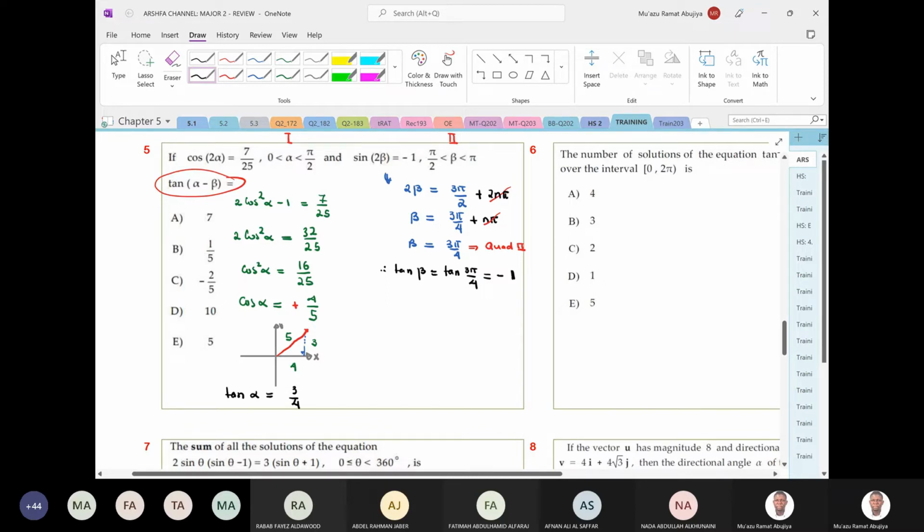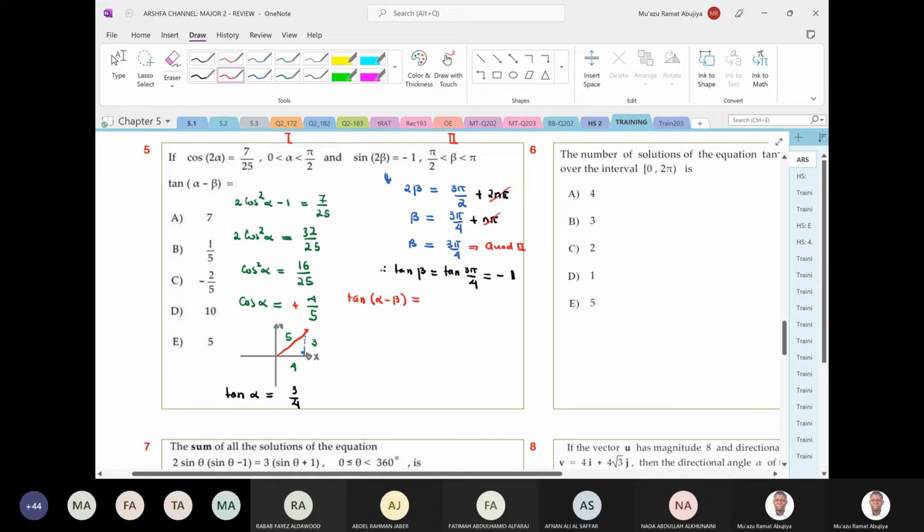Now let us go to the question itself again. What does the question say? We are looking for the tangent of alpha minus beta.